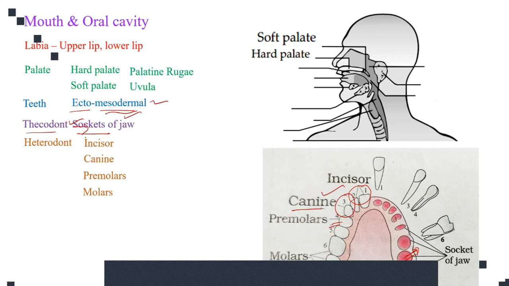So these are the four types of teeth you can find in human beings. Hence, this type of dentition is called heterodont dentition, and diphyodont.